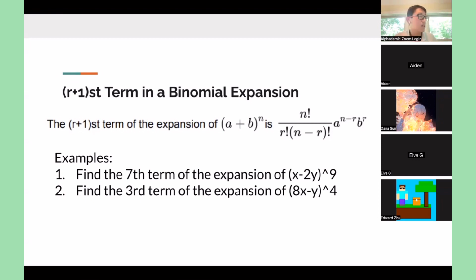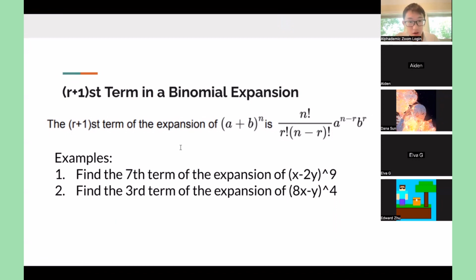So for example, I'll quickly talk about this example right here. If you were given the question to find the 7th term in the expansion of x minus 2y to the 9th, you would use this expression. So it is the r plus first term.